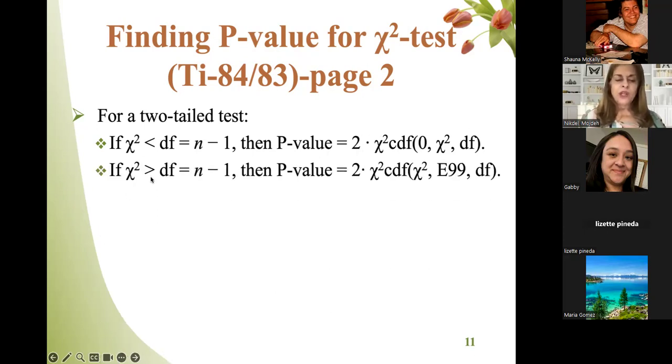If test value is larger than degree of freedom, I find the area of the right tail, chi-square CDF of chi-square, positive infinity, and degree of freedom. Whatever I end up with, I multiply it by 2. The result is my p-value. This information is given to you in the handout. The question of how to find the p-value for a chi-square test, you will see the procedure in the example.